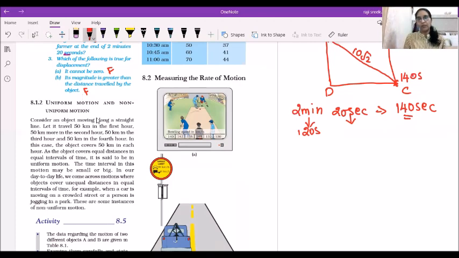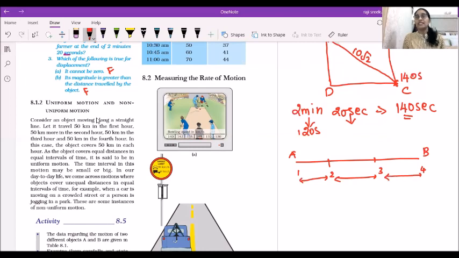For example, suppose an object is moving from A to B. I have divided the journey into 3 sections. Here this is his first stop, second stop, third stop, and this is his last one. If he covers equal distance in equal intervals of time, it is said to be in uniform motion.